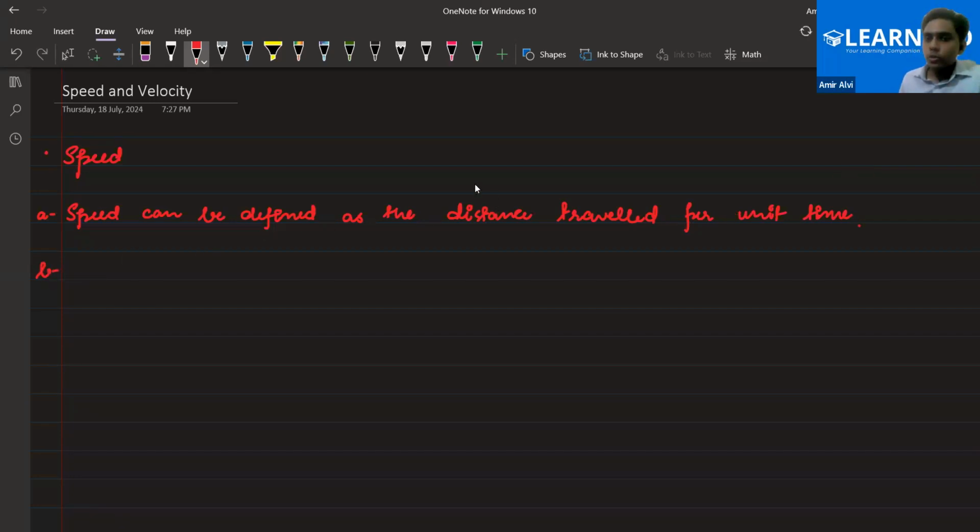As you know, distance is involved in the speed quantity, so it means that speed is going to be a scalar quantity. Okay. So let me write down the formula of speed first.